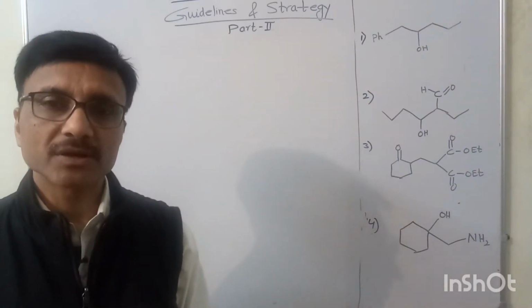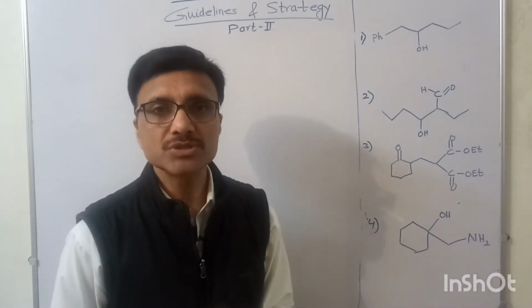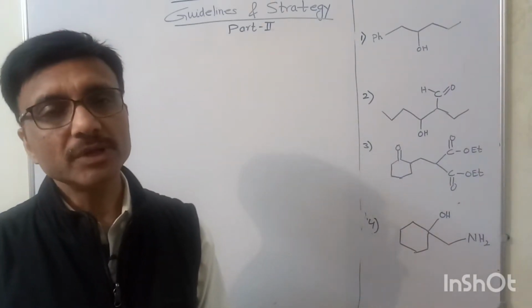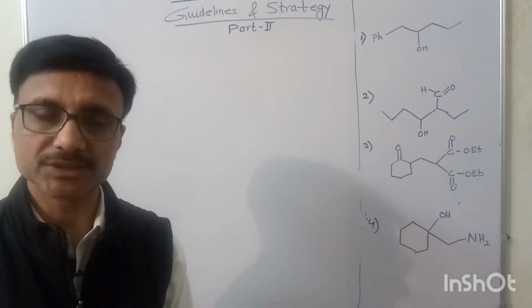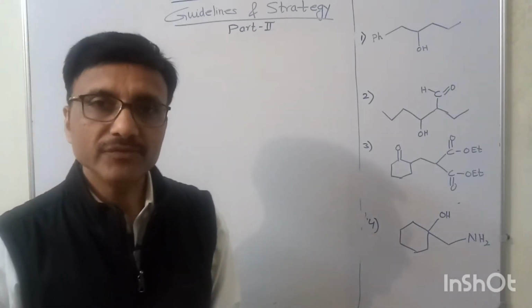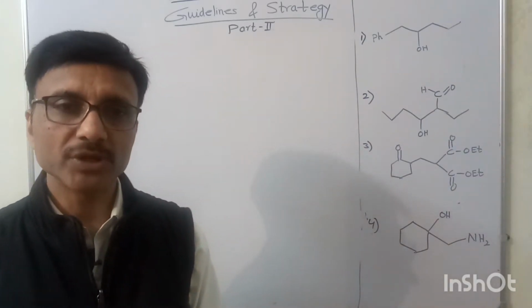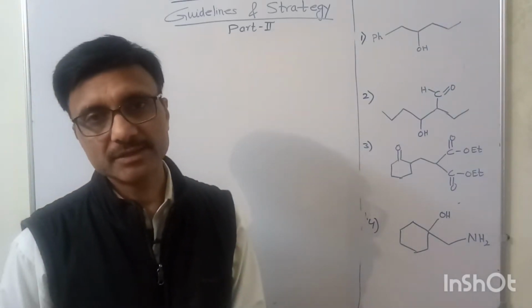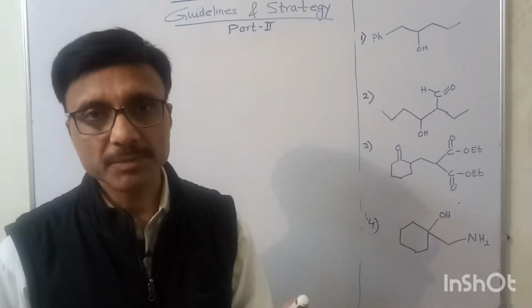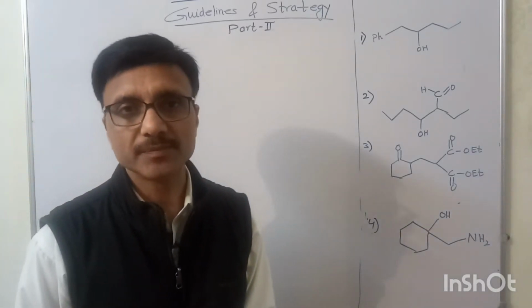If there is more than one functional group, then the most reactive functional group should be taken for the disconnection. Then we can search for a C-X bond in a target molecule, and that C-X bond can be disconnected. It may be a C-N bond, a C-O bond, or a C-S bond.